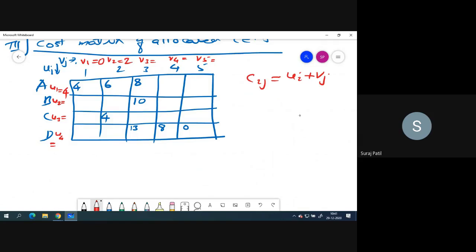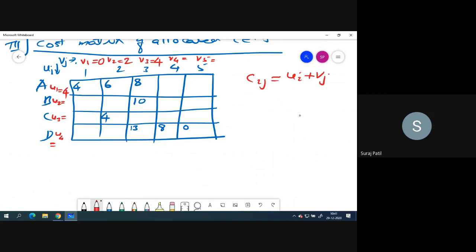Then V3 plus U1 is 8. So U1 plus V3 is equal to 8, but U1 is 4. Therefore, 8 minus 4 will be 4.